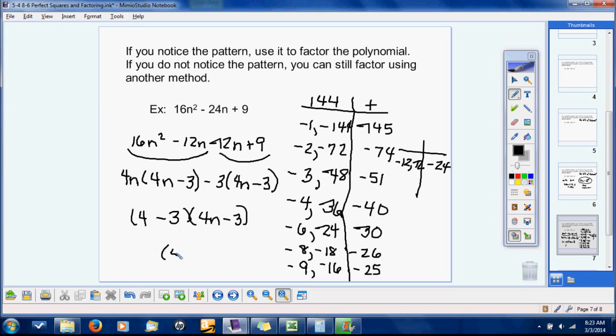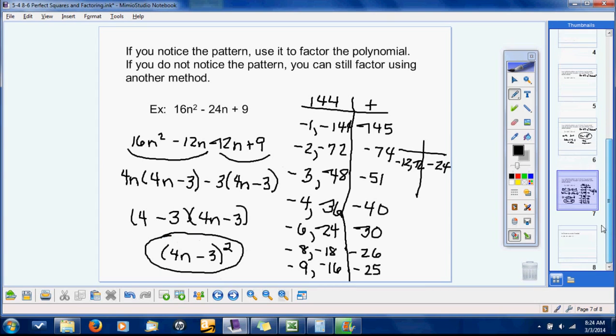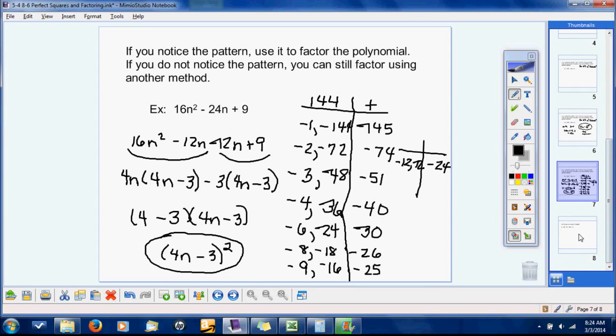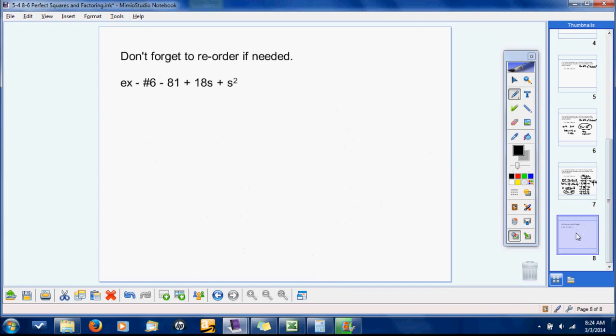And once again, that is the same answer that we just got a minute ago using perfect square trinomials. So either one of those methods, whichever you're more comfortable with, will still give you the same factored form. So just be very careful. Choose whichever one makes the most sense to you.